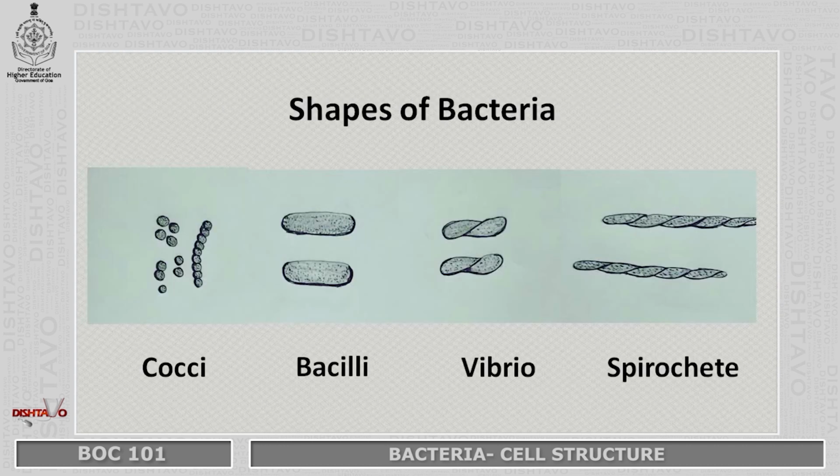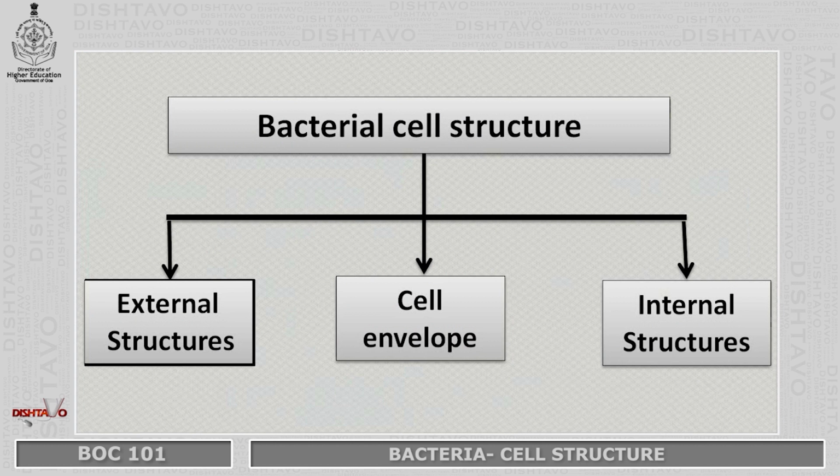Bacteria have different shapes. The major shapes are cocci, which are rounded or spherical shaped, bacilli, which are rod shaped, vibrio, which are bent rod shaped, and spirochete, which are coiled cellular structures. Bacterial structure can be divided into three components.